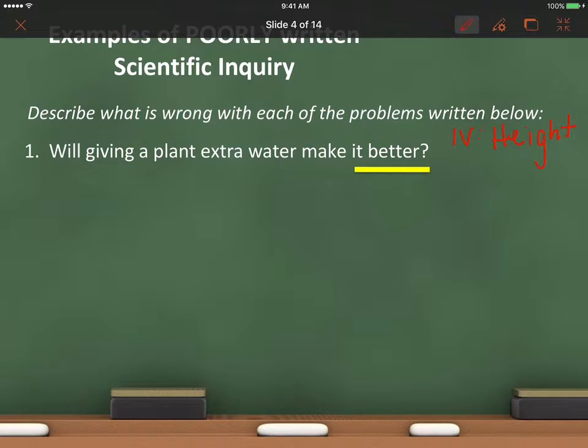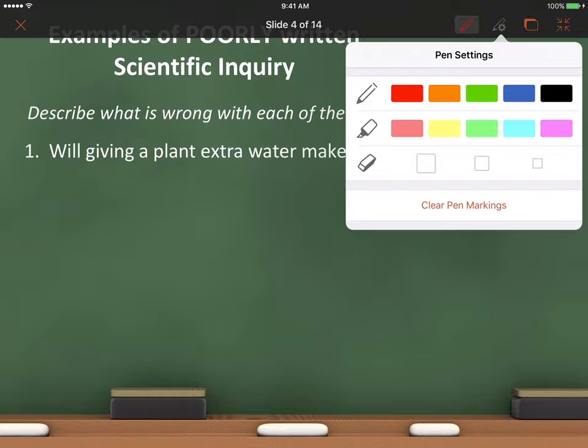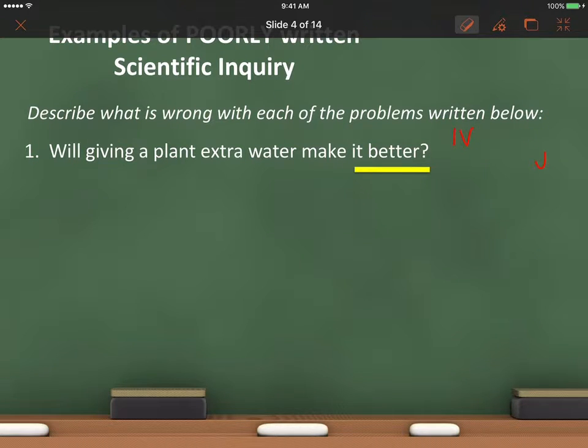I'm sorry, let me take that back. Height is going to be our dependent variable. And see, this is kind of funny, this is what happens, so you have to think it through.